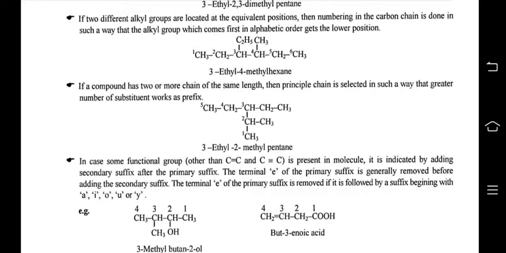We can select another chain also, which has 5 carbon atoms, but having only one substituent attached. But if we select this chain as the longest continuous chain, we will get the substituent at position number 2 and the substituent at position number 3. So preference is given to the chain selected in such a way that the greater number of substituents work as prefixes. This is the rule of IUPAC.